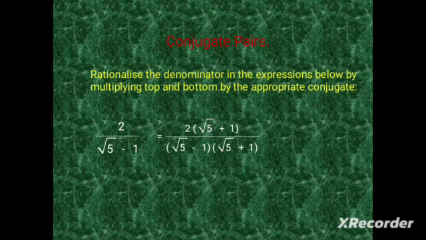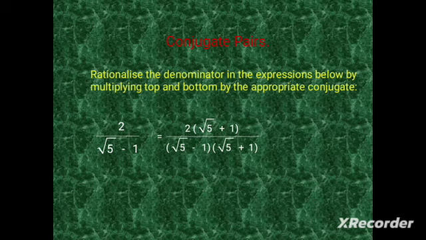Because we said initially about law number 3, it is root A plus root B, then root A minus root B. And so that is what we are trying to do here, because that is the conjugate pair that we are working with.